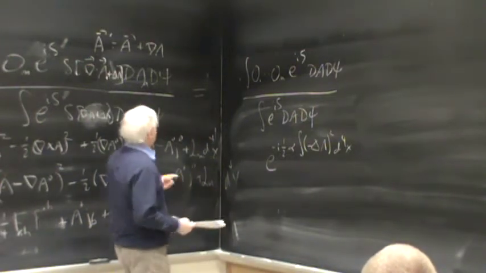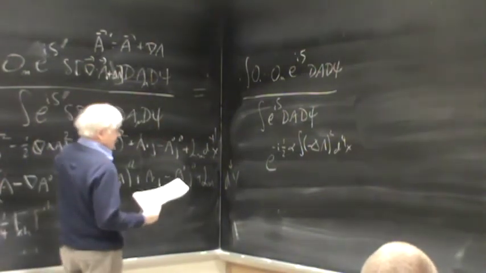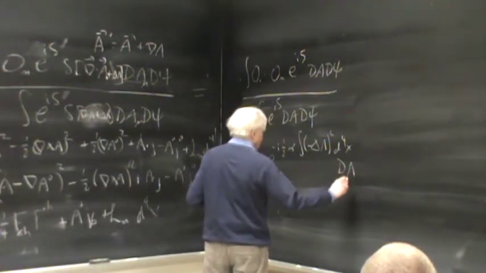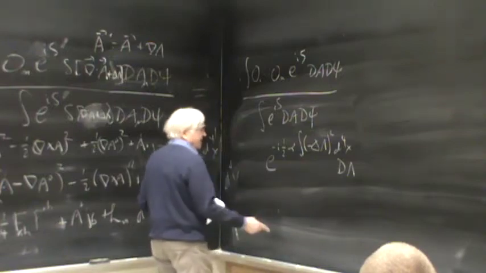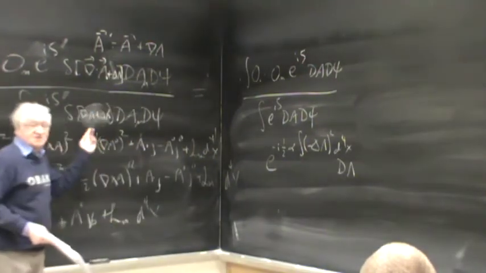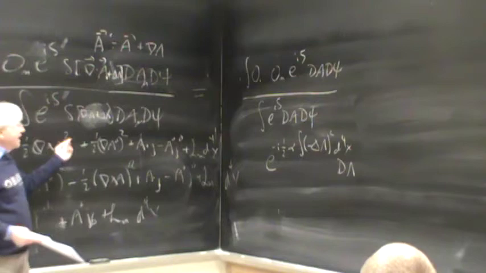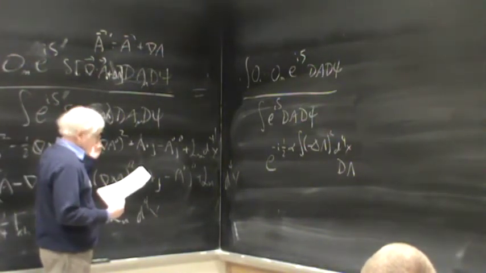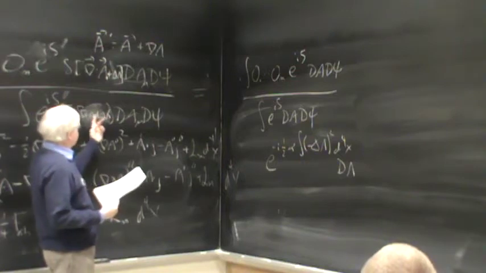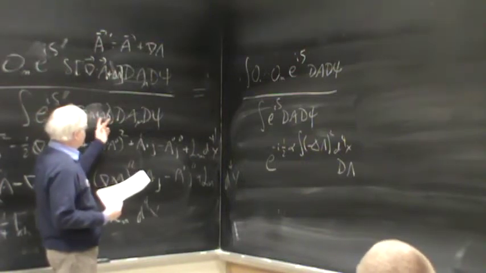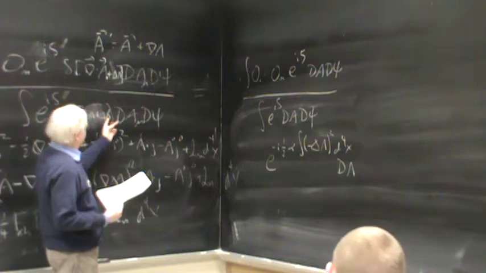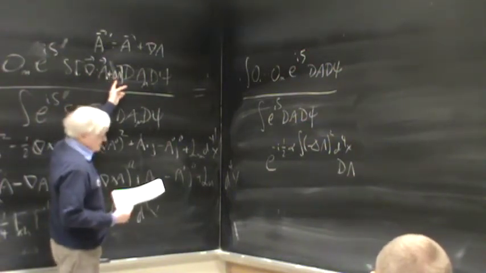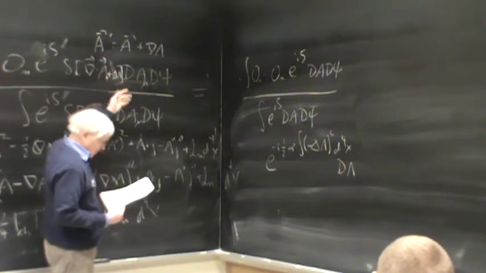So we multiply, in other words, we go here and we multiply d lambda. We do that in the numerator, and we do the same thing in the denominator with, say, a d lambda prime. And so what happens, we have this grad A plus Laplacian of lambda prime in the denominator, divergence A plus Laplacian of lambda in the numerator.